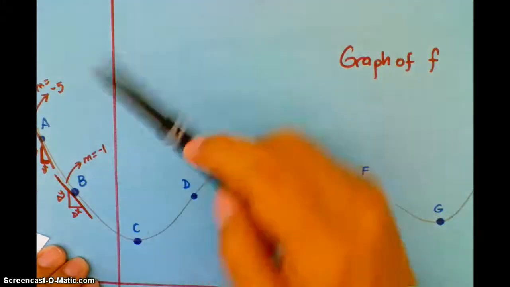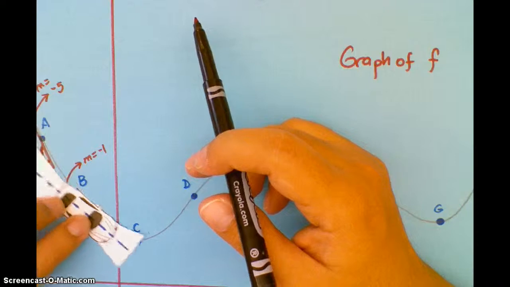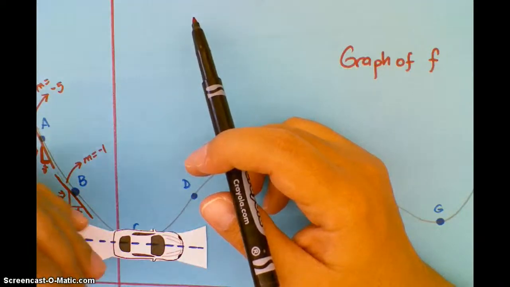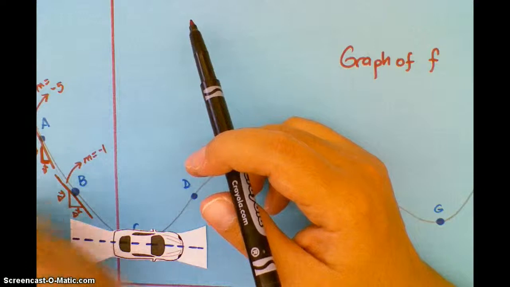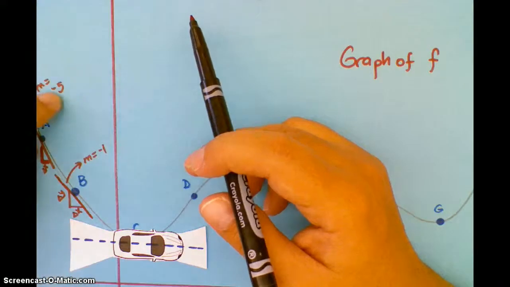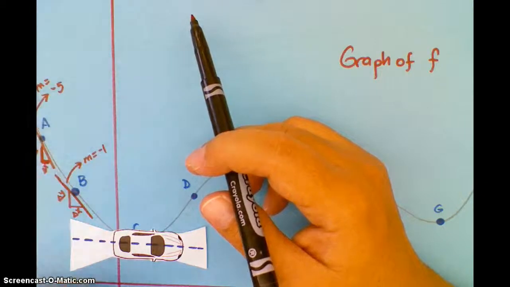Now, what happens at C? So my car goes from B to C. Notice how the inclination of the lights is going to change as I'm moving along the path. So it's not like I'm changing from -5 to -1 abruptly. I'm changing continuously.